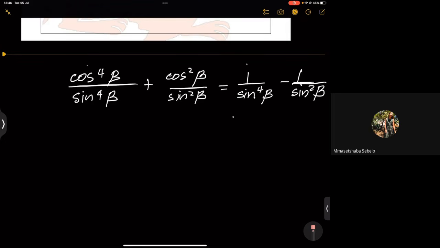Okay, so let's change the left-hand side rather, not the right. If I were to change the left-hand side, I want to be left with one for both the numerators.